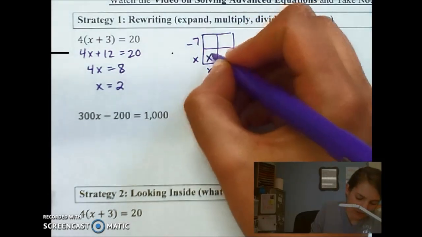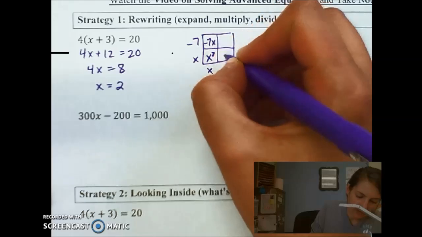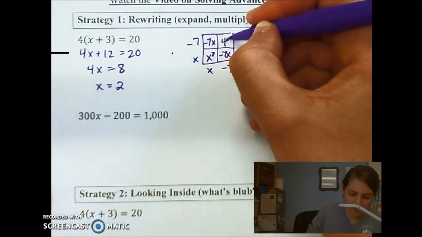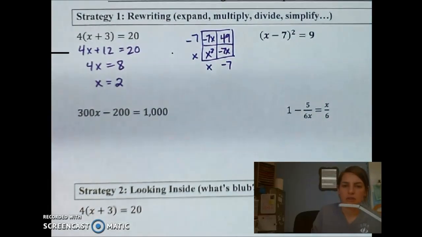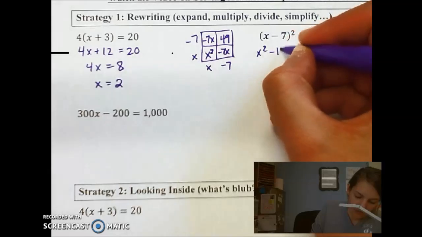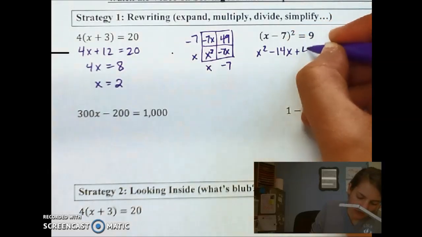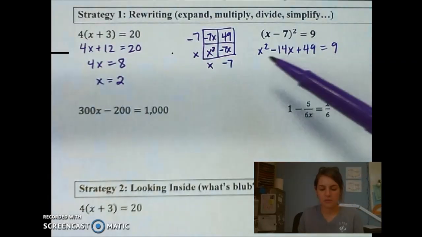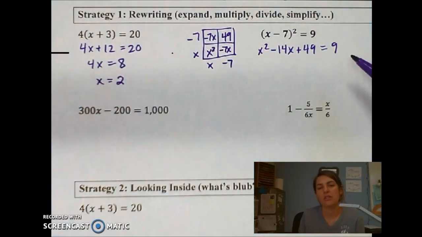And then we would have x squared, a negative 7x, another negative 7x, and a positive 49. So if we combine the like terms, we would have the expansion x squared minus 14x plus 49 equals 9. And now it's expanded into a trinomial. So that's sort of our strategy of rewriting this.